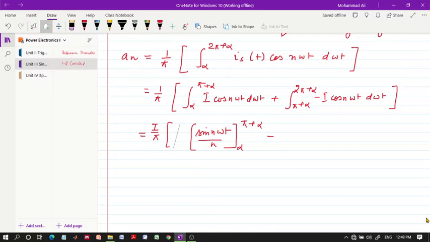Now cosine of n omega t will again become sine of n omega t upon n, ranging from pi plus alpha to 2 pi plus alpha.